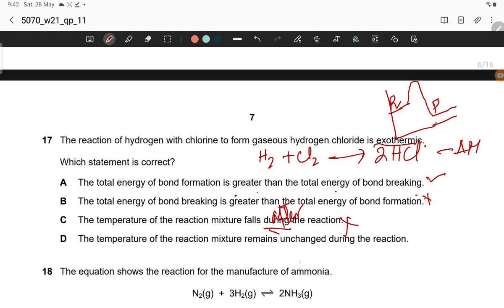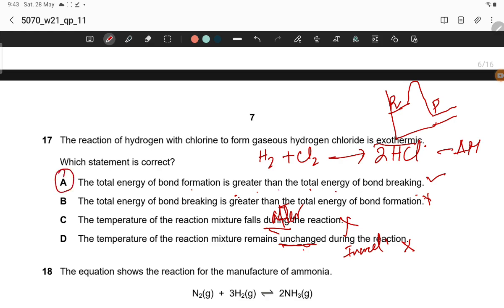Temperature of the reaction mixture remains unchanged. This is incorrect. Temperature of the mixture does not remain unchanged, it is going to increase. So this is also incorrect. But the total energy of bond formation is greater than the total energy of bond breaking.